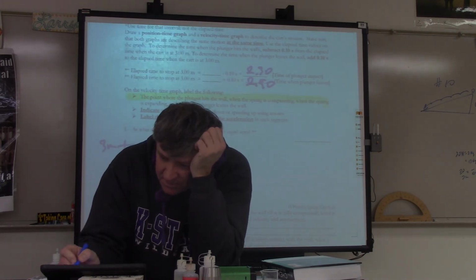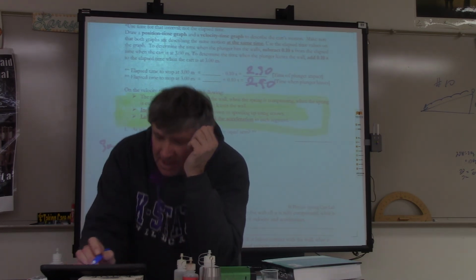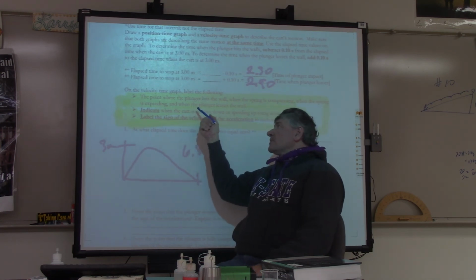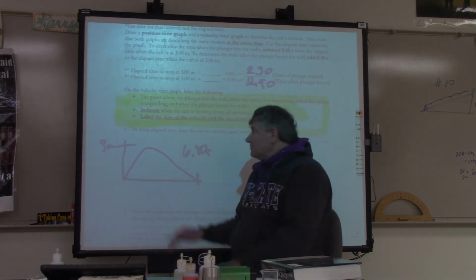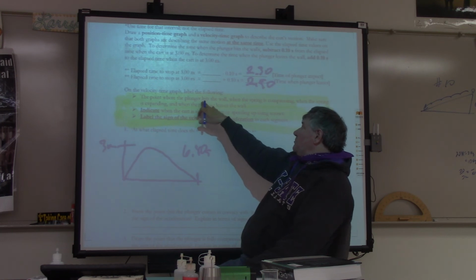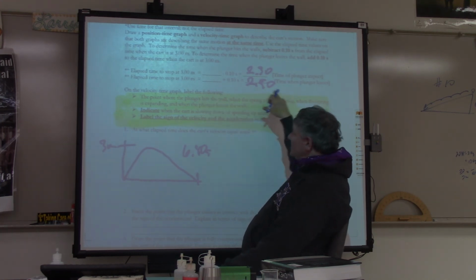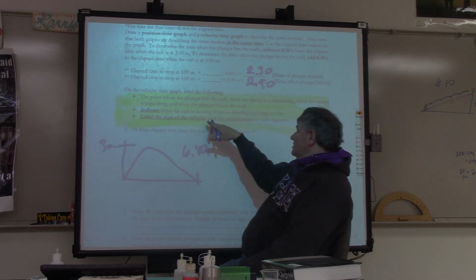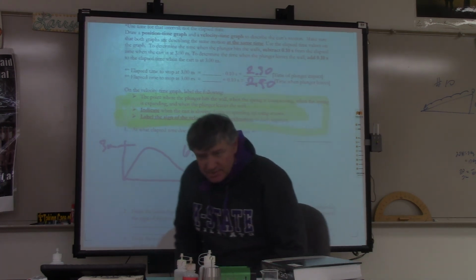Please go through the bottom of page 1 and do everything that has to be done for this, okay? These 4 points: hits, compressing, expanding, slowing down, speeding up. Using arrows, label the sign of velocity and acceleration.